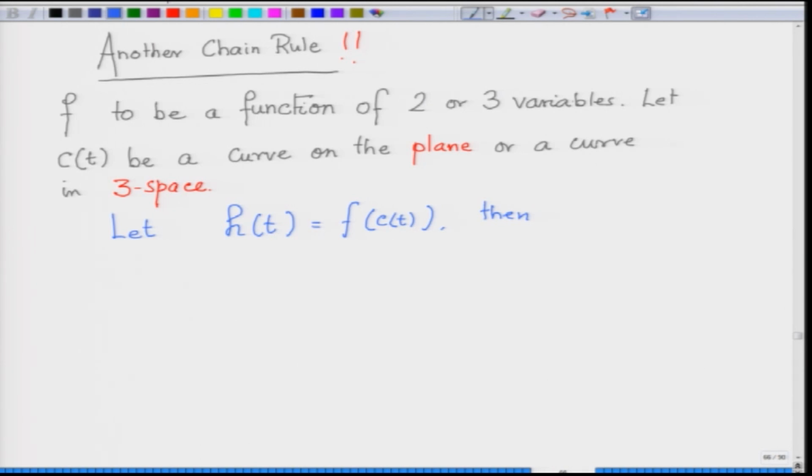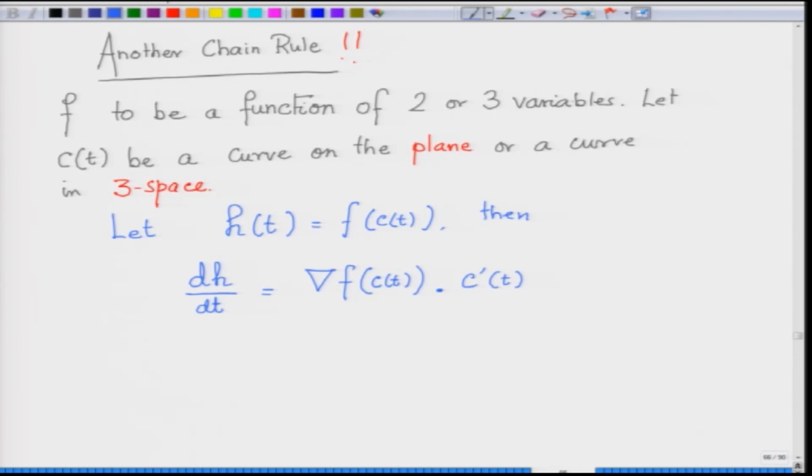Assuming differentiability of everything, f, c, everything, dh/dt, d/dt of h is equal to the gradient of f evaluated at c(t), dot product with the derivative of this curve c(t).